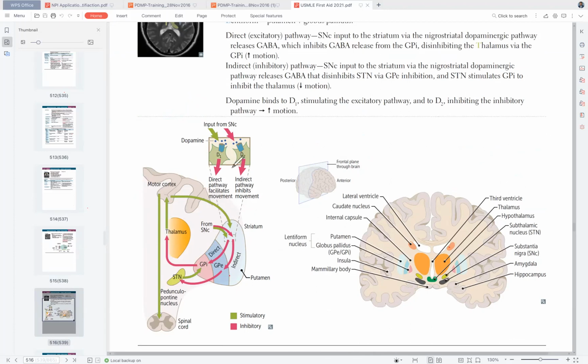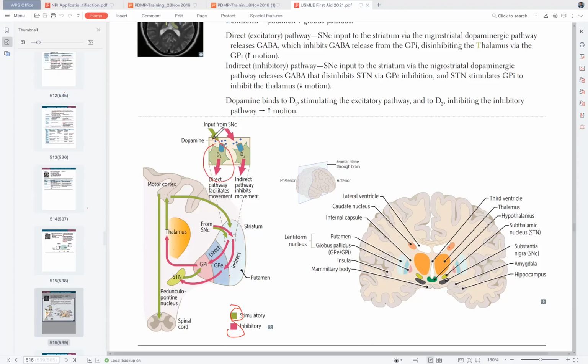So you want to know that we have the direct and then the indirect pathway. The direct pathway is initiating movement. The indirect pathway is always trying to inhibit that movement, right? If you see the image, they use arrows for that. But then for each of the pathways, dopamine acts on it.